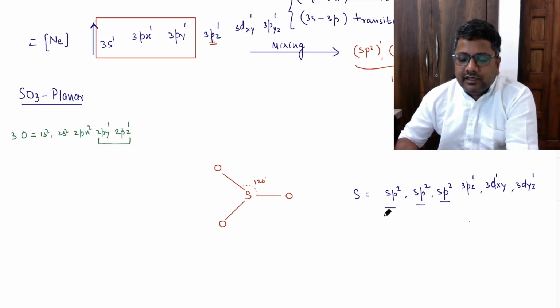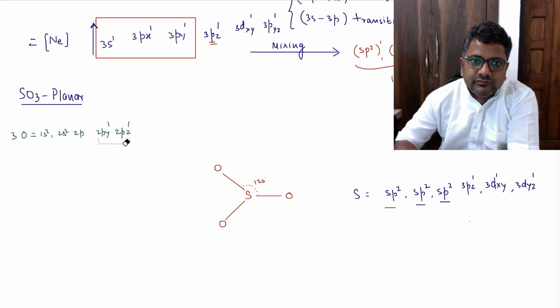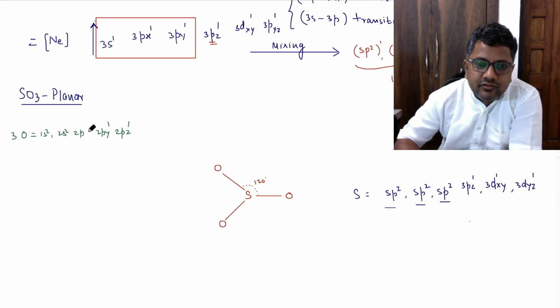So we can say that y, z, z, x. So here I can take x instead of x, y. I can take here, because this should be justified. 2p y and z.